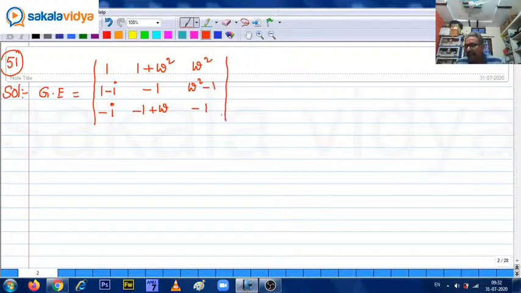Now tell me what sort of operation needs to be applied in order to expand in an easy manner.